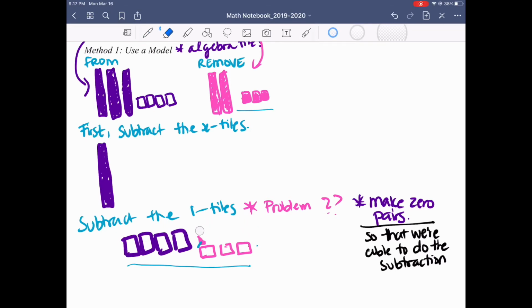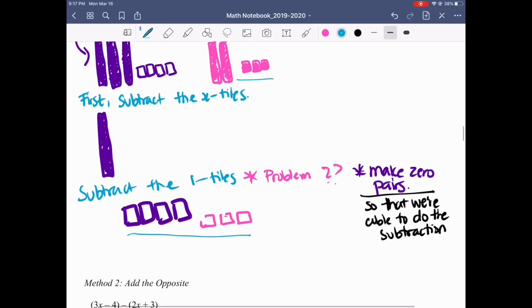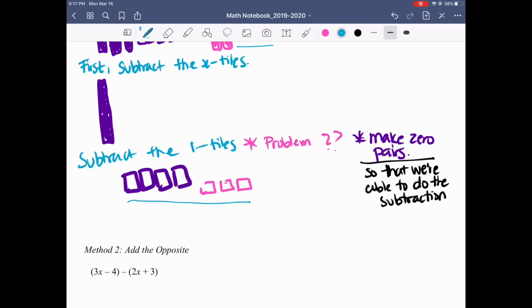Okay, so I'm subtracting them out, I'm taking them away, and what are we left with? Just like we did with the x's, we have tiles left over, so we're going to combine them to figure out our final answer. We have the 1x here, so you can write 1x or just x.